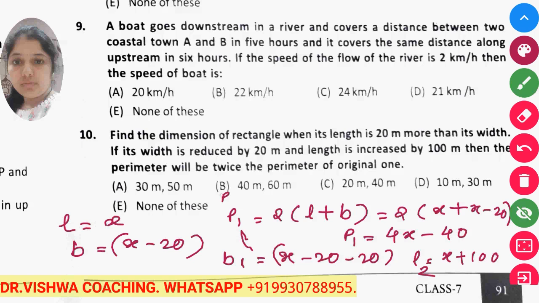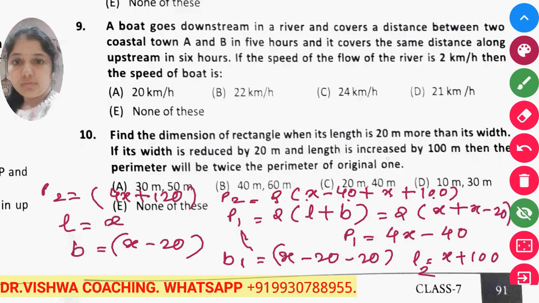Now the perimeter 2 will be 2 into bracket x minus 40 plus x plus 100. So 2x multiplied by 2 becomes 4x, and 40 and 100 give us 60. 60 multiplied by 2, so 120. 4x plus 120 is the P2.